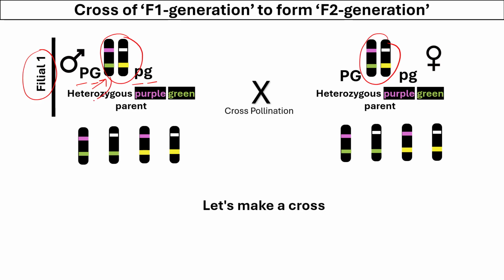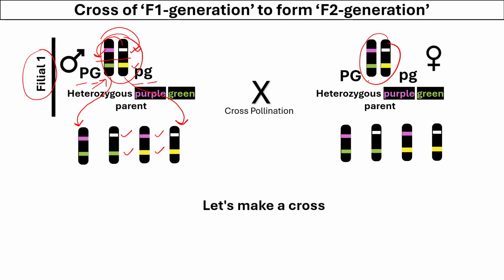If there is no crossing over, then you get this type and this type separated. But if a small fragment of this crosses, this goes here and this goes here, then the result would be green. The white comes with green, or purple goes with yellow. So purple goes with yellow because crossover has happened.